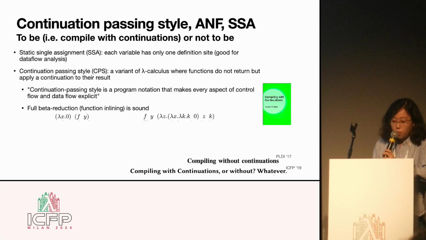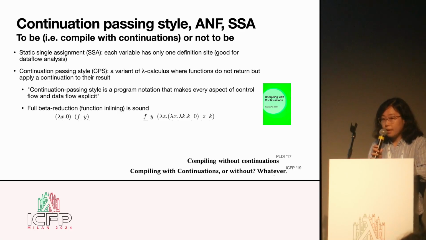And one nicety of continuation passing style, for instance, is that full beta reduction is sound. If you see these 2 snippets, for the left-hand side expression, if you were to apply lambda x dot 0 to f of y, and f were to be non-terminating or were to have side effects, and you wanted to do full reduction here, it would be unsound, because in the case that f were to indeed have some side effects, you would be throwing away that side effect.